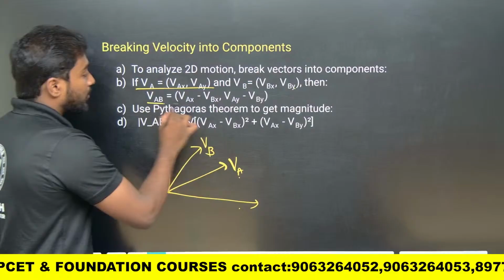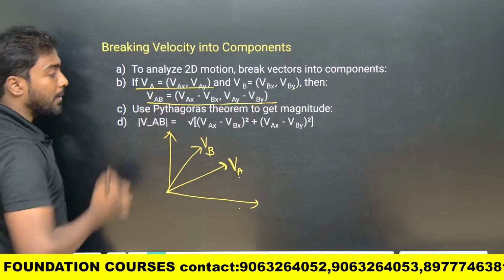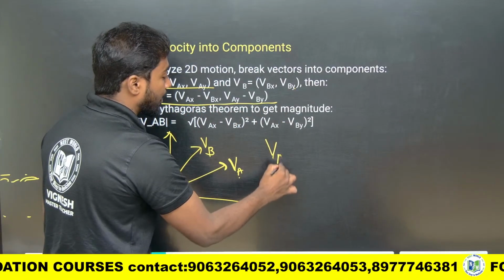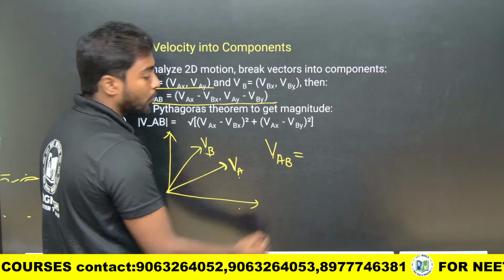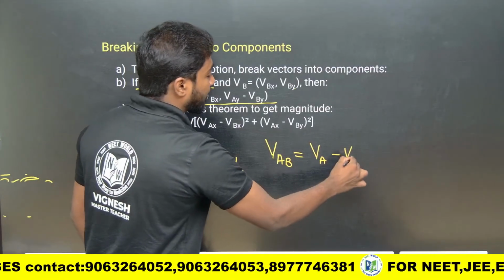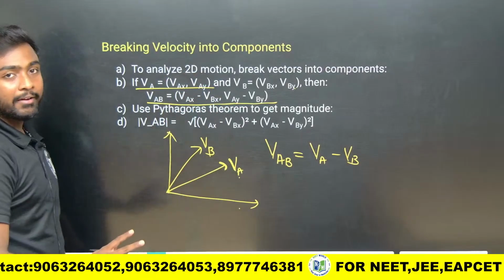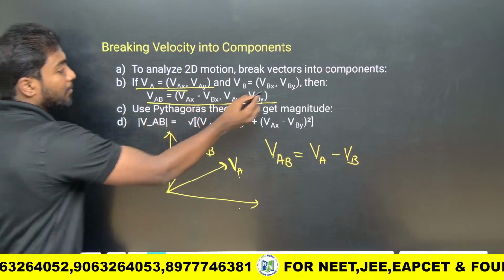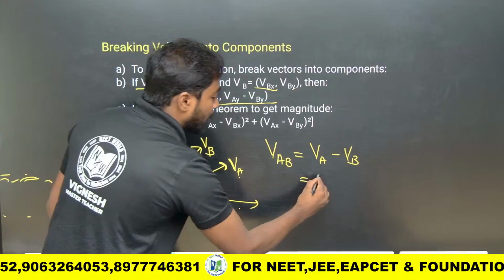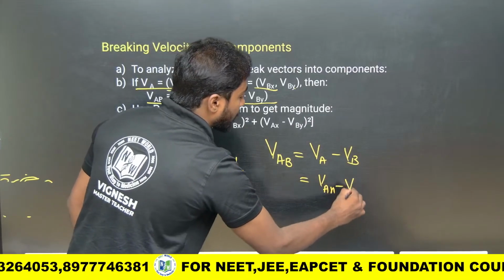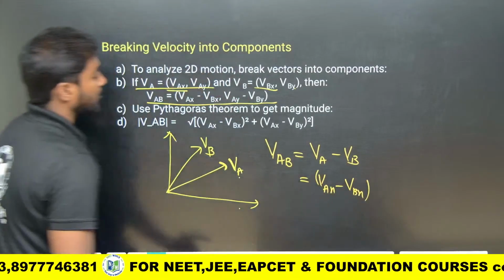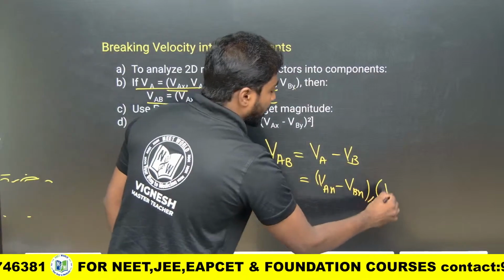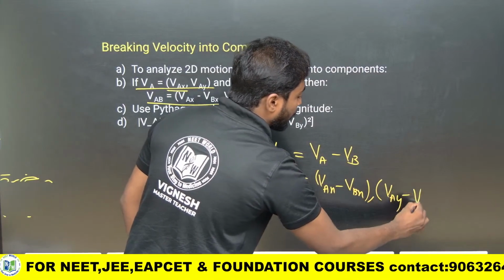Then velocity of A with respect to B. What we know is velocity of A minus velocity of B. Now I need to subtract it, x axis minus x axis: VAX minus VBX, comma, velocity of AY minus velocity of BY.